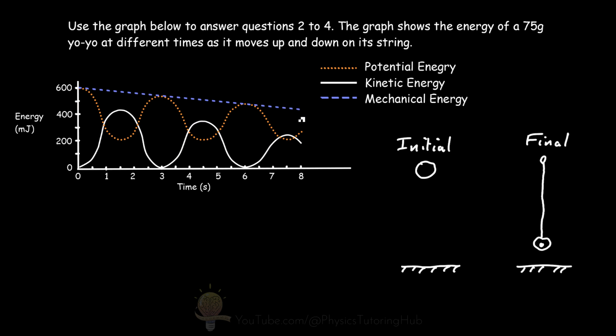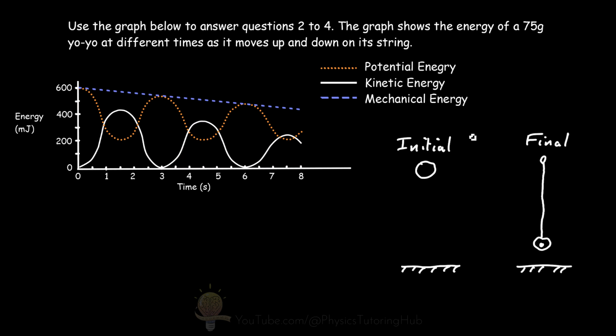And the mechanical energy is simply the sum of the kinetic energy and all forms of potential energy within this system here. Also notice that the mechanical energy does not stay constant over time. It slowly reduces over this 8-second time period.